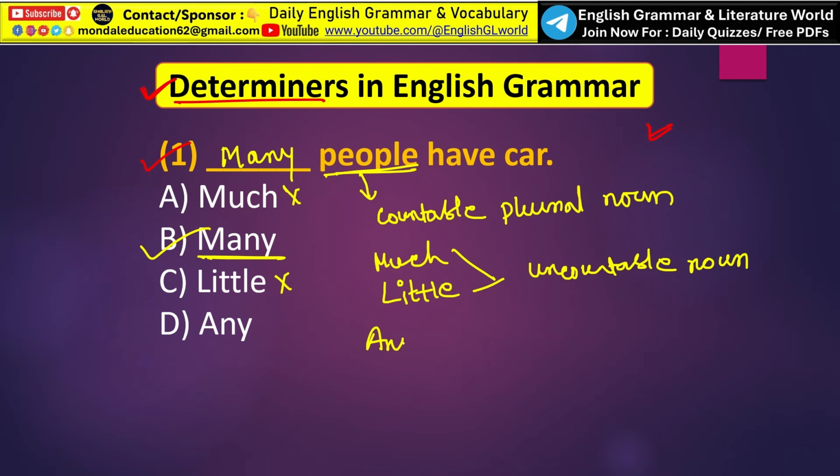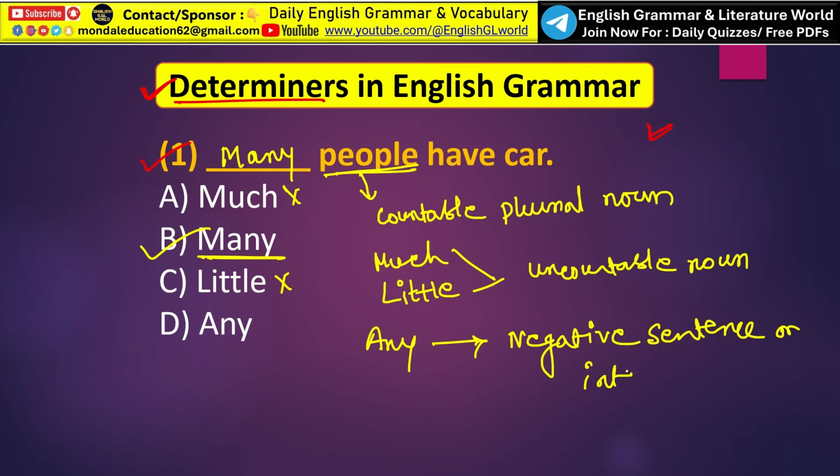Because any is used before negative or interrogative sentences. Here the sentence is totally positive and people is a countable plural. That's why option B, many, is the correct answer. So much, little and any are not the correct answers.